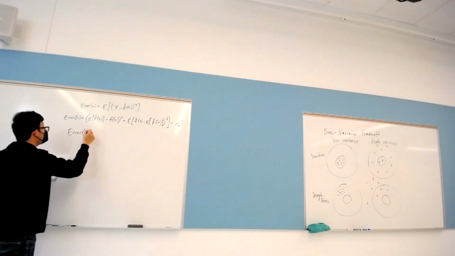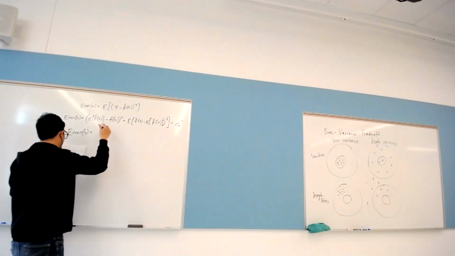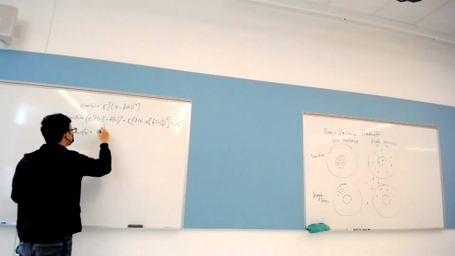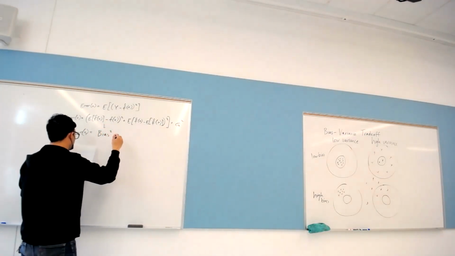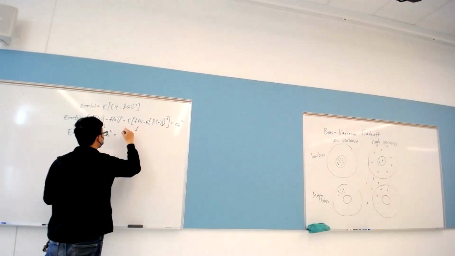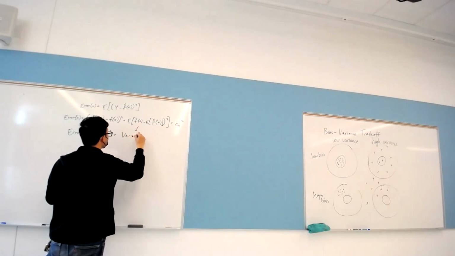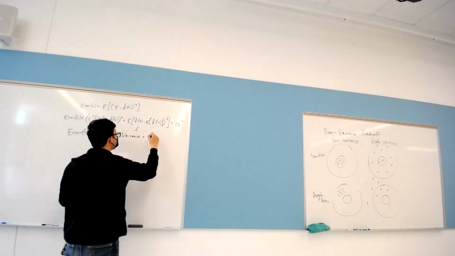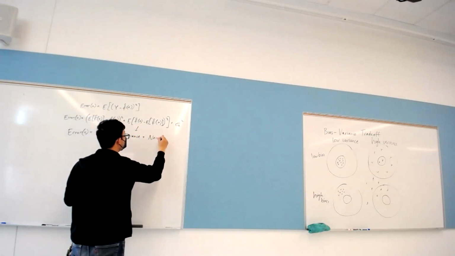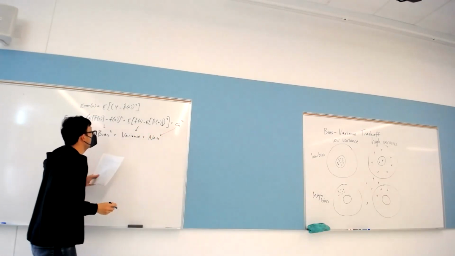Qualitatively, we can describe this as bias squared plus variance plus noise. Okay.